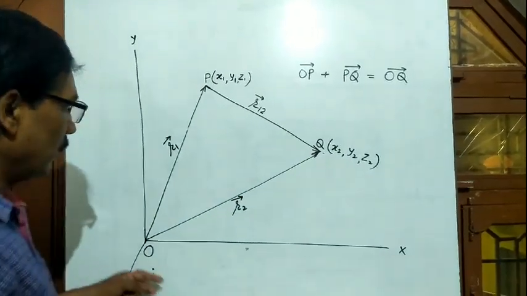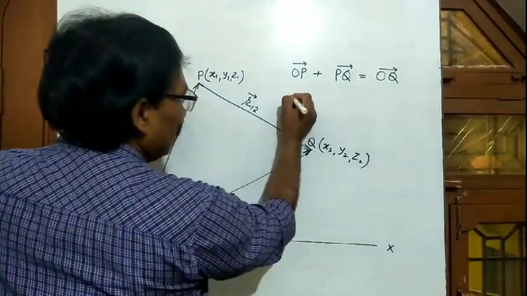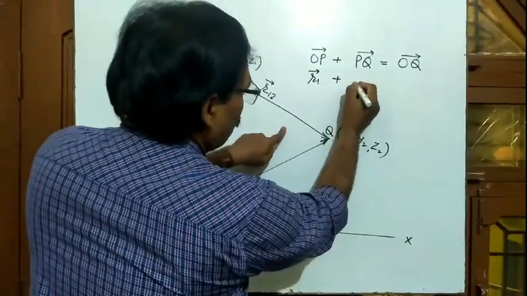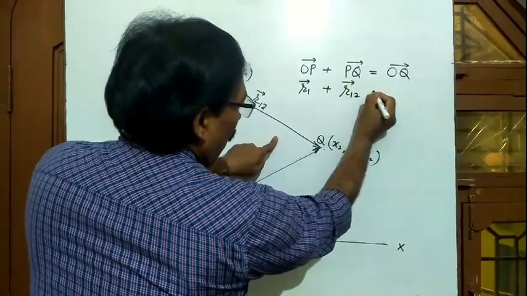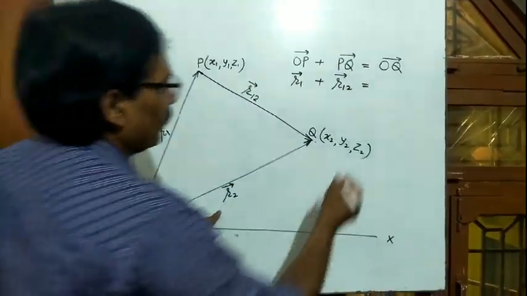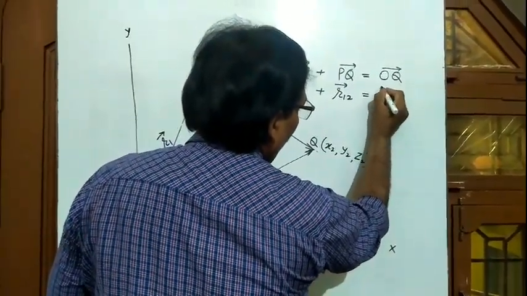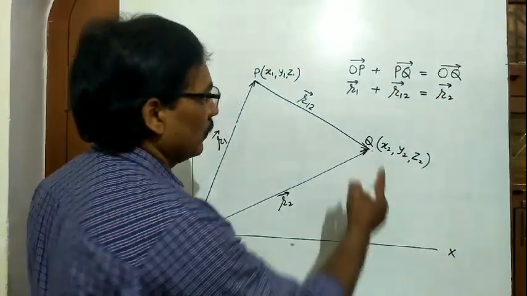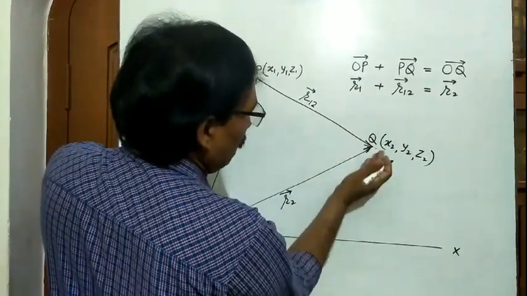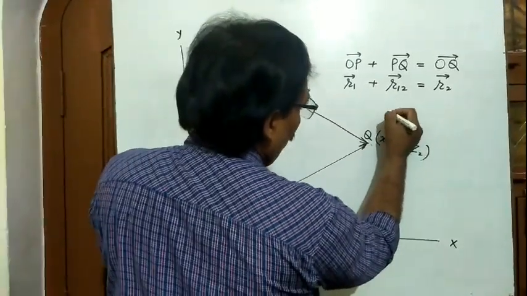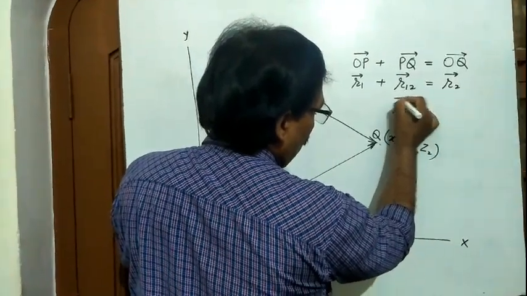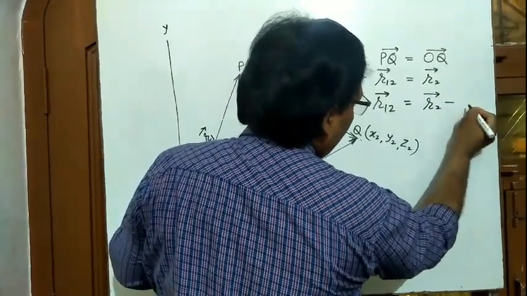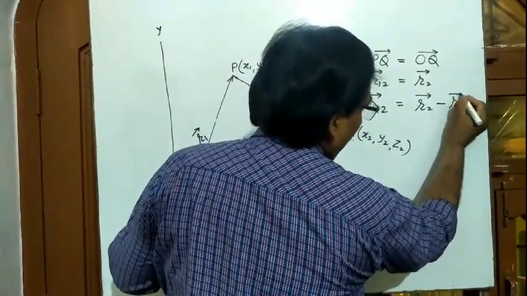Or you can write it as vector R1 plus vector R12 will be equal to vector R2. And if we transfer this R1 to that side, then this vector PQ, that is vector R12, will be equal to vector R2 minus vector R1.